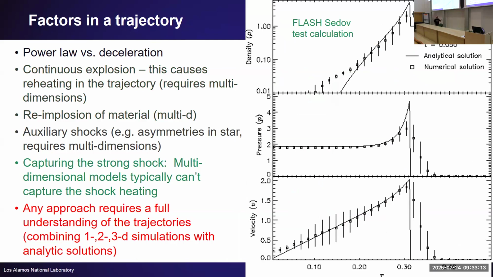It's analytic, it's exact, your model should match it. These are tests of the FLASH code on a 3D explosion against the analytic solution. The solid curve is the Sedov solution. It is what you would get if you could get high enough resolution. The dots are what you're getting from the calculation.